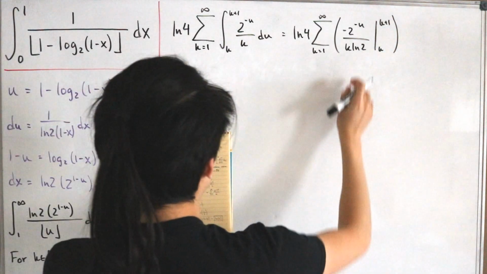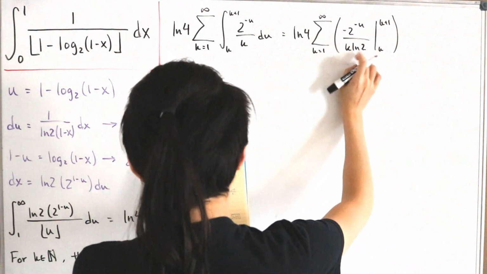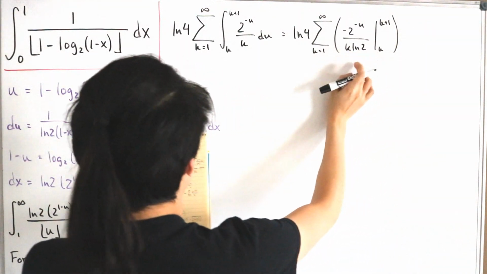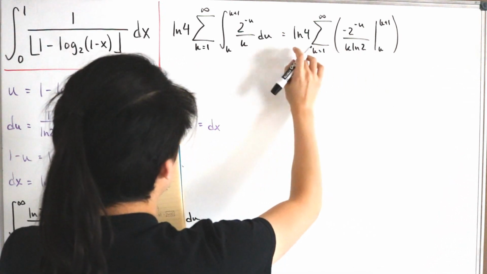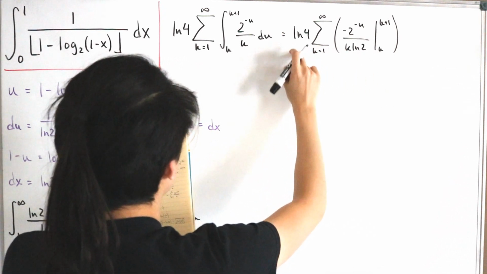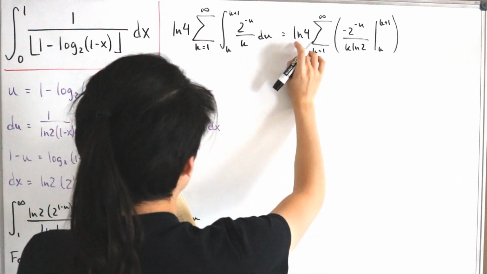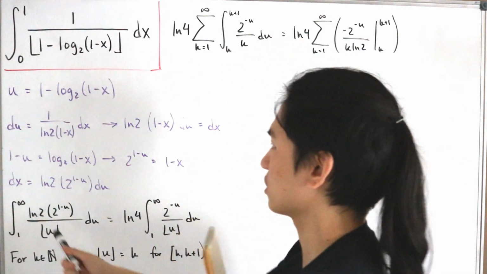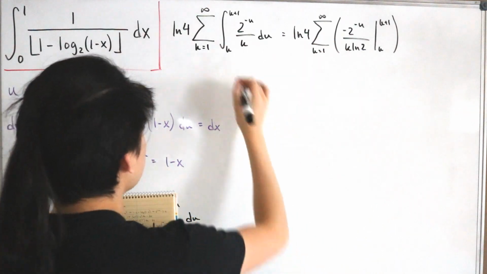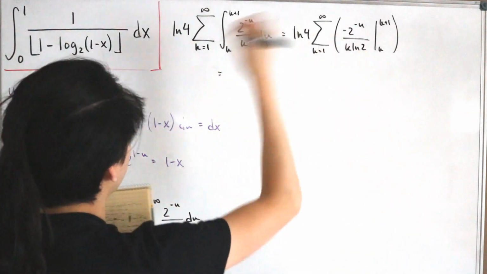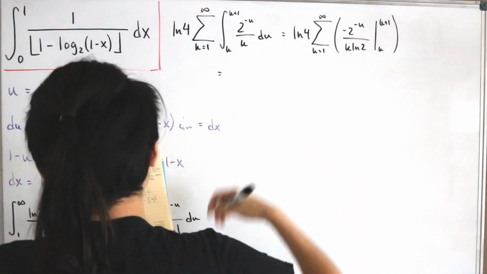Before we get to that, we can actually do something with the ln of 2. Let's move that outside of our summation as well. That's also constant, further implying that we can simplify ln of 4 divided by ln of 2. Remember, we wrote that ln of 4 is the same thing as 2 times ln of 2. So undoing that, that'd be 2 times ln of 2 divided by ln of 2, which would just be positive 2.